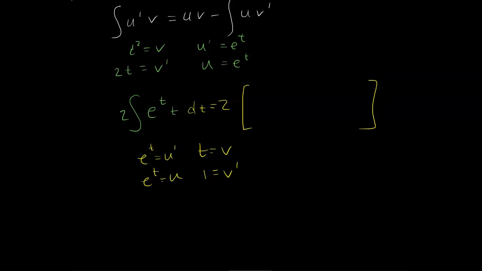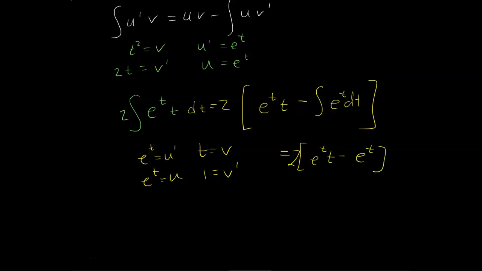So u times v would be e to the t times t, and subtracting off of that, the integral of u times v prime, which is just e to the t dt. But notice this is something really nice about this: that's 2 times (t e to the t minus e to the t), because I could take that integral, no problem.